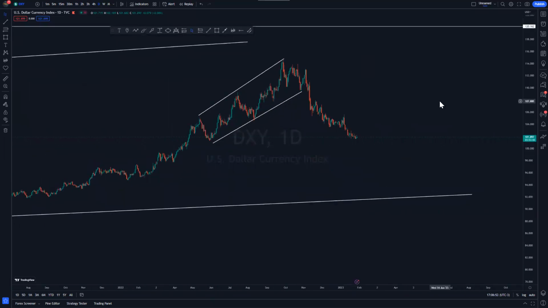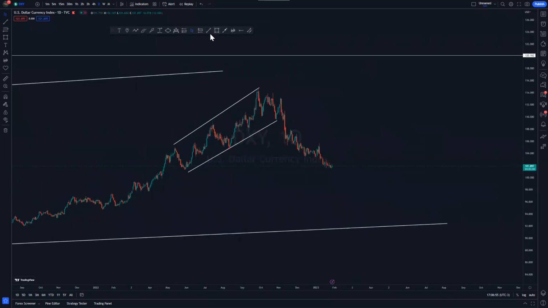As you can see, with the zoom we can have multiple touches, 1, 2, 3, which are perfect touches. This is the structure that we have, guys.